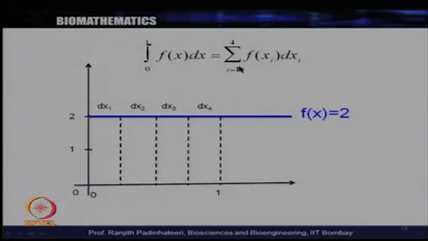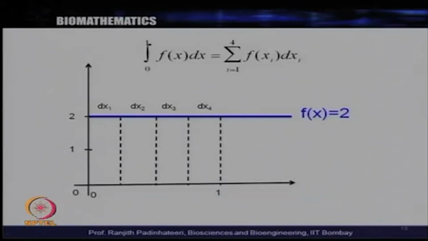If you sum f of xi dxi over i, you will get the area, because area is width times height. The width is dx1 and the height is the function f of x. So f of x1 into dx1 plus f of x2 into dx2 plus f of x3 into dx3 plus f of x4 into dx4 will give you this area, and this is nothing but this integral. So this integral is the area under this curve.